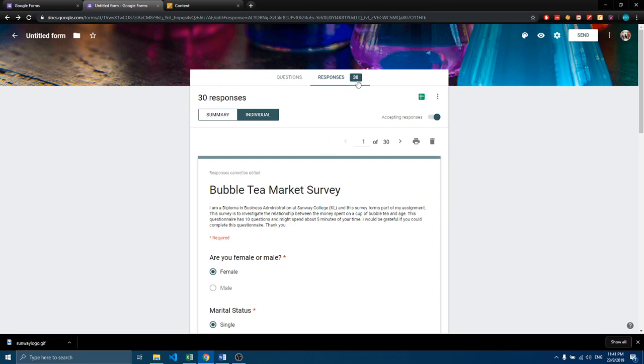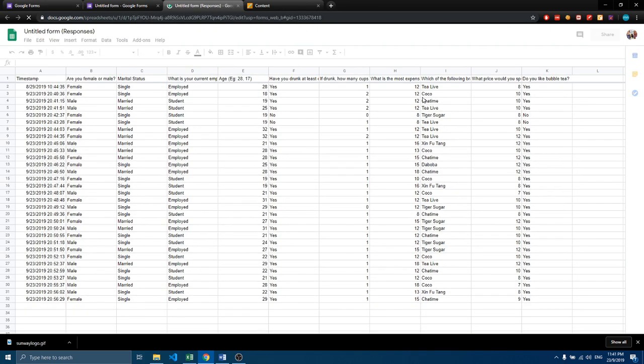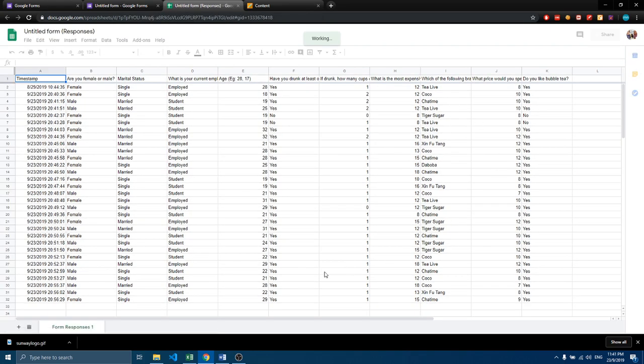Make sure you have 30 responses and click this spreadsheet icon. Click it. And this is your data, 30 data or your database.